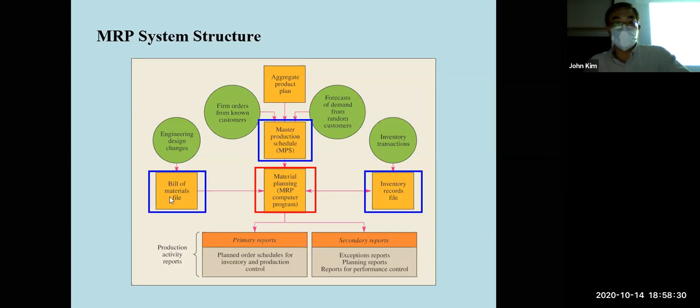Based on the 3 required files, it runs and produces the primary order schedule, the primary report: when, how many, which, and so on. Then if there is a change, like a demand change, this program produces a secondary report such as an exception report.